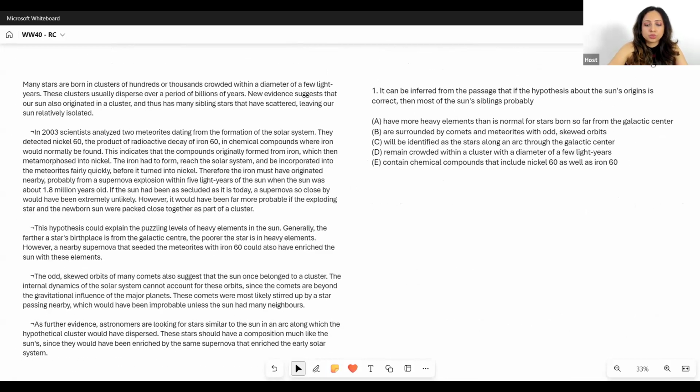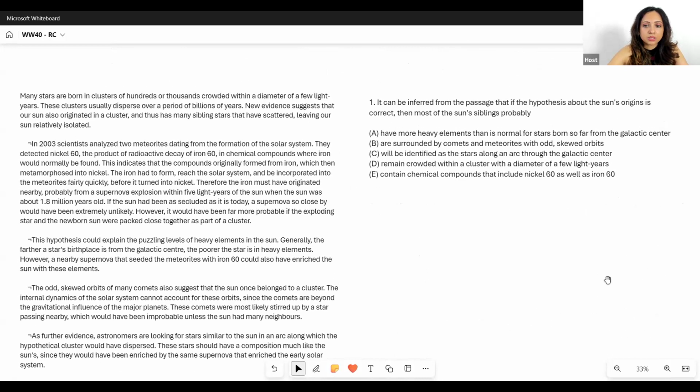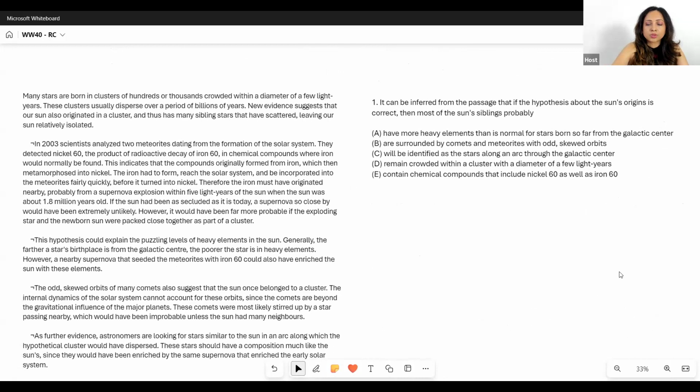Are you able to view the question? If I move my window, does it get moved over there as well? Wait, let me put it down a little just in case it's giving you trouble. Can you view the question? Any problems now?